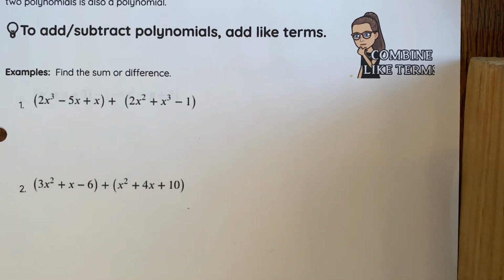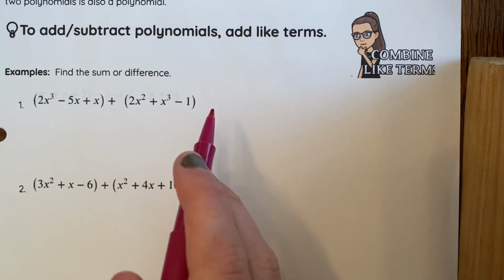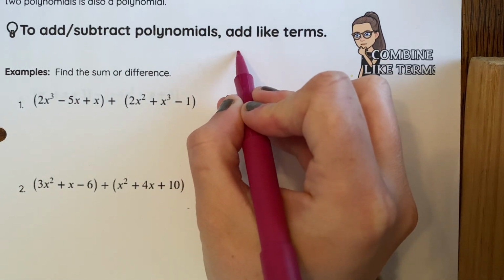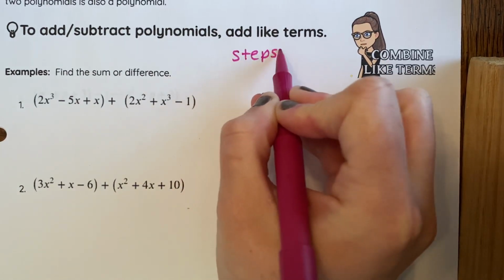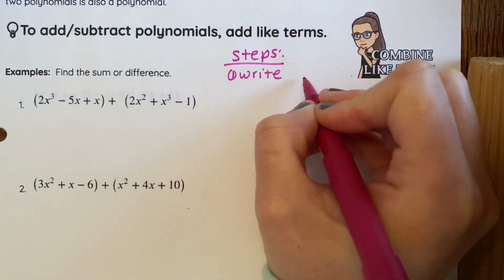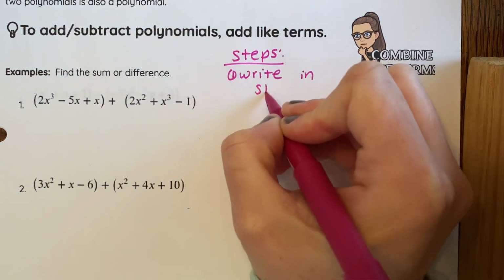Combining like terms. Let's write our steps out first, how we normally do. Steps: we're going to write in standard form.